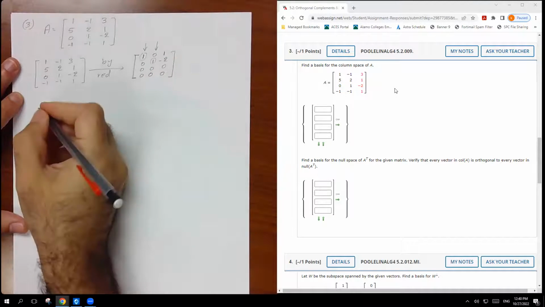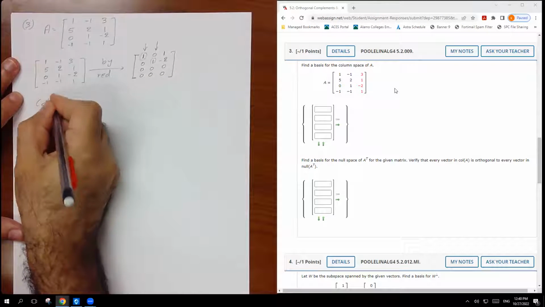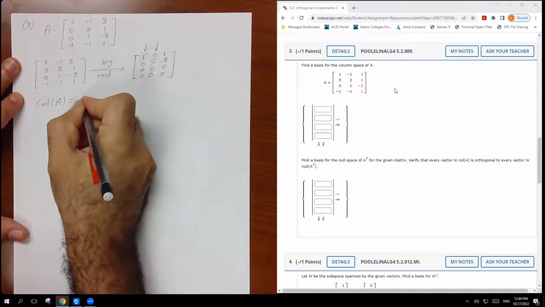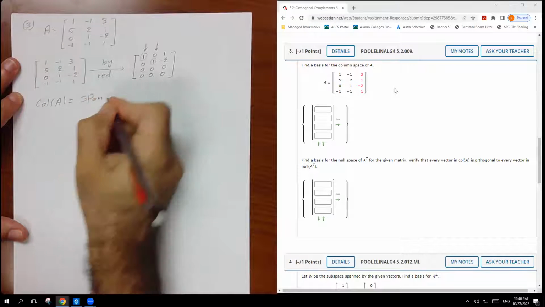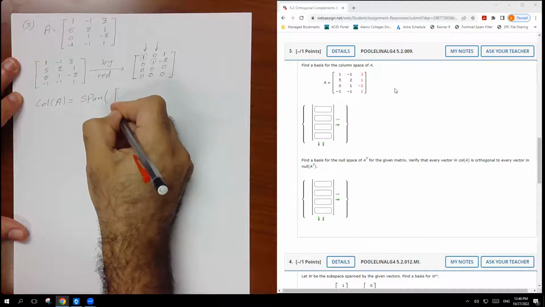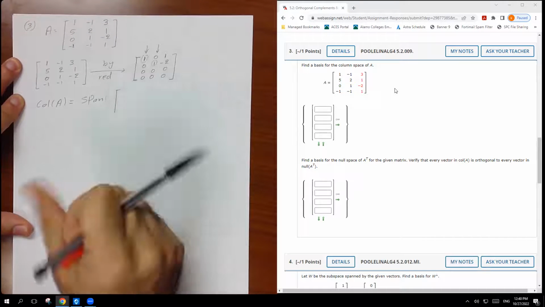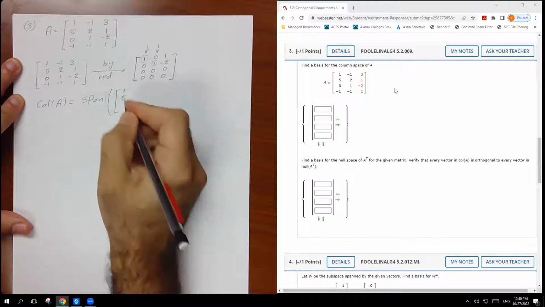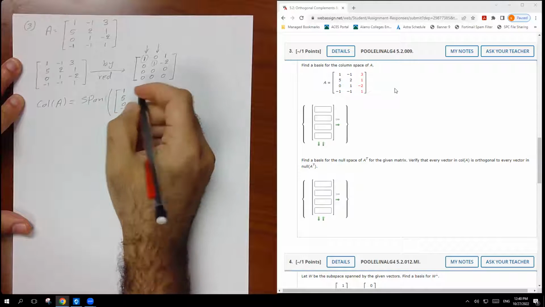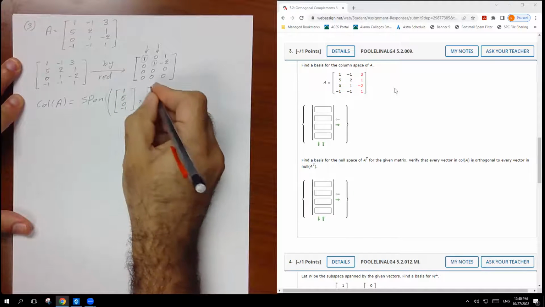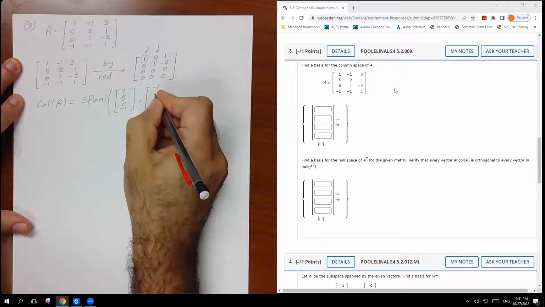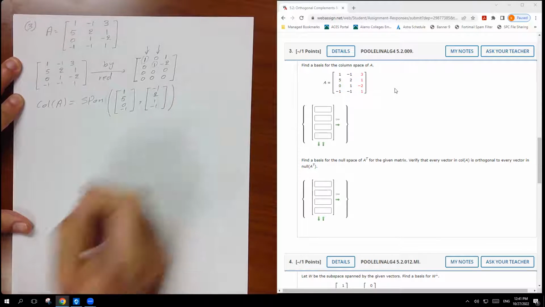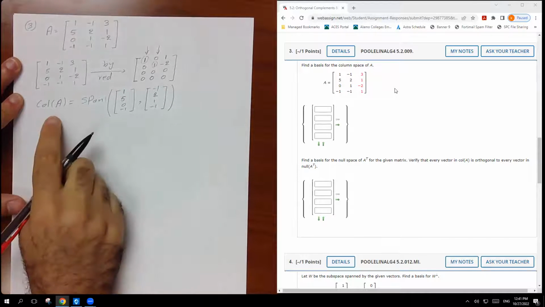That means the column space of A, going back to the original matrix, is going to be the span of these two columns: 1, 5, 0, -1, and the second column is -1, 2, 1, -1. So this is the column space of A.